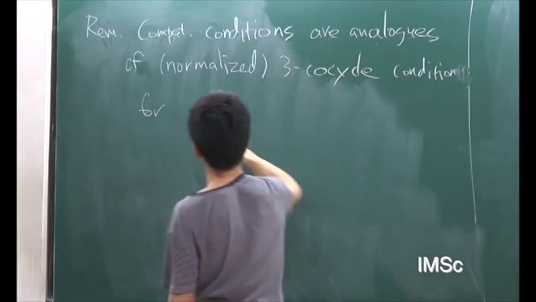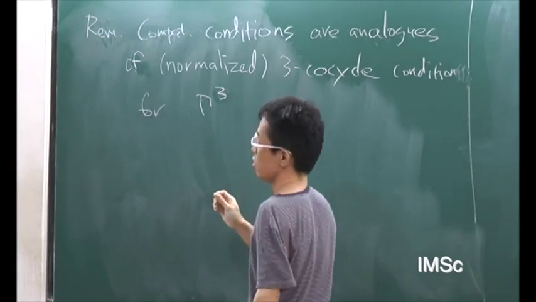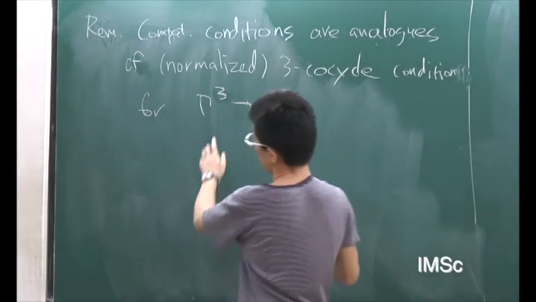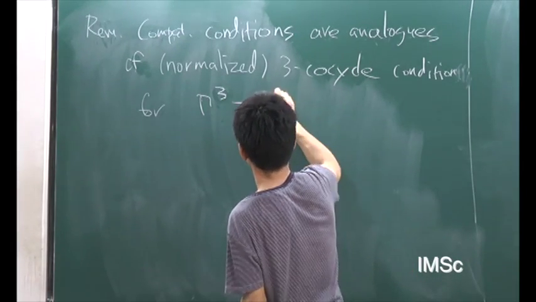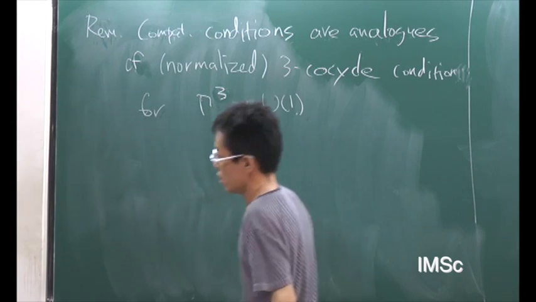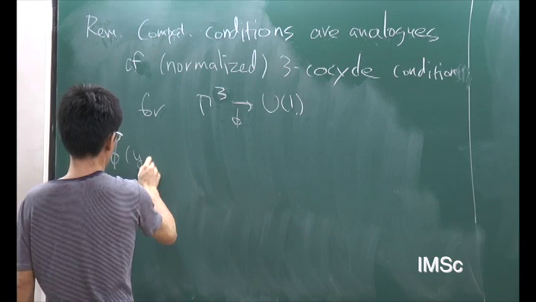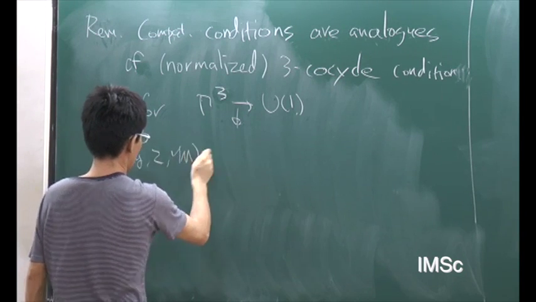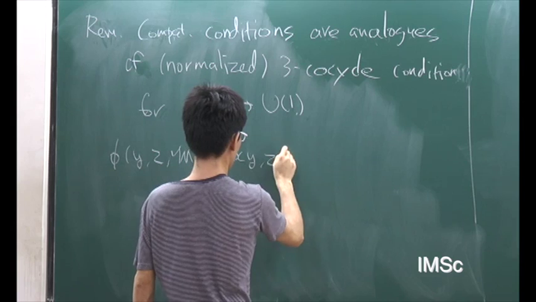Let's say gamma is a discrete group, and you look at the 3-point function on gamma into U1. And this corresponds to phi x y z w.